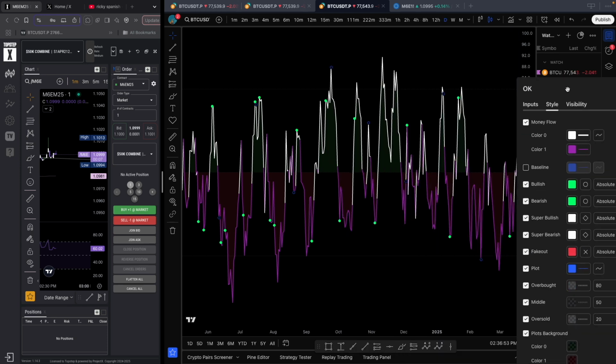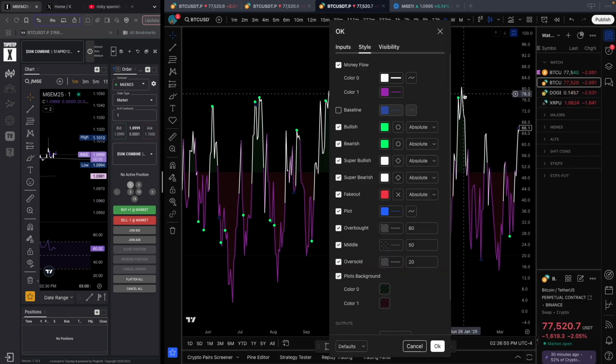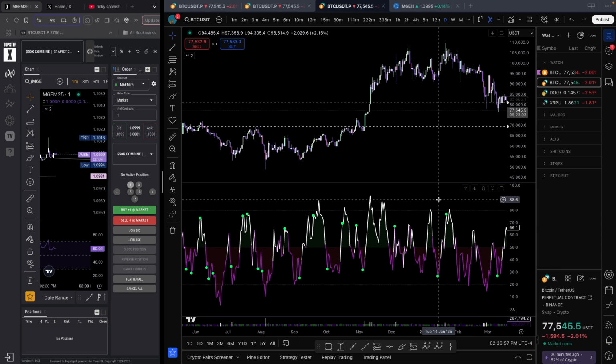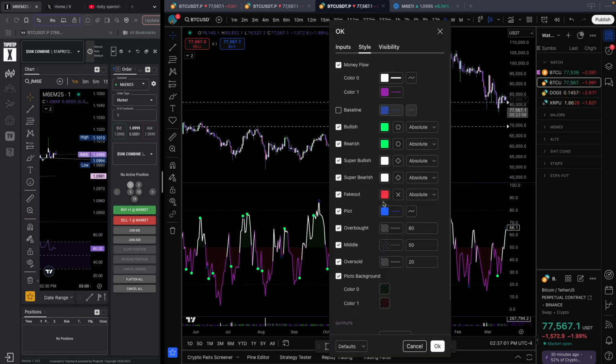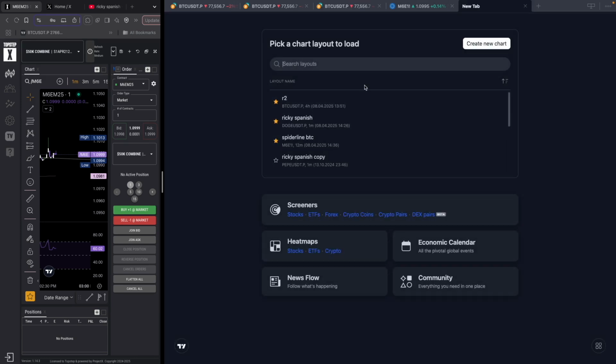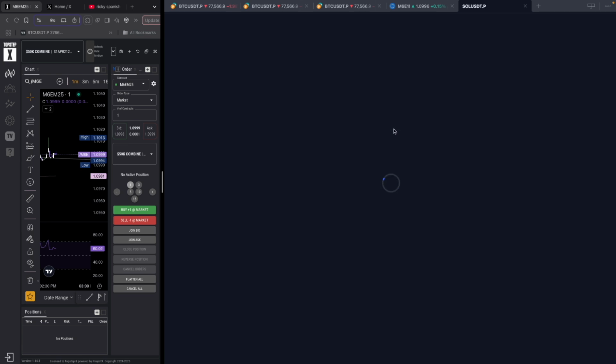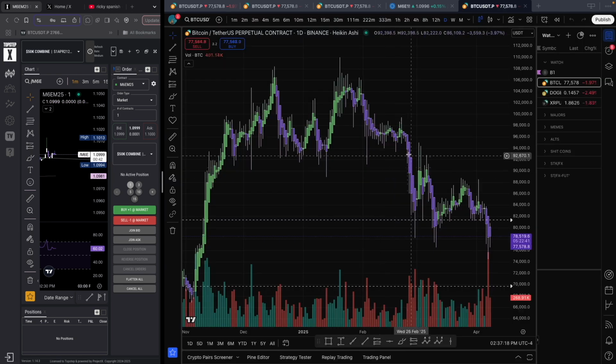Because if you add it on here, it's going to look like, actually it didn't do anything. That's weird. So when you first add it on there, it's going to not do that. Let me see. Pull up some random chart.